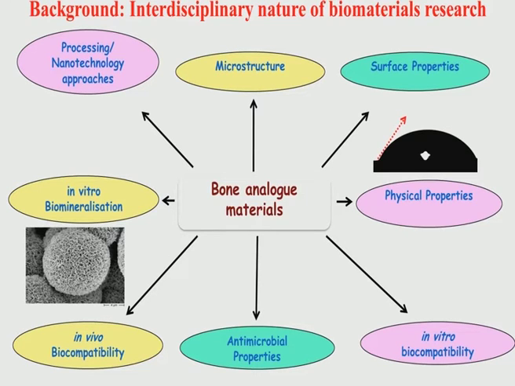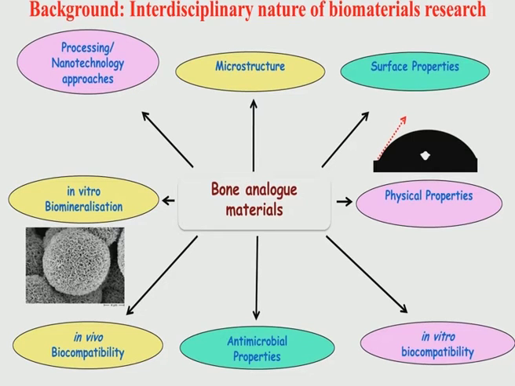And what is hydroxyapatite? Hydroxyapatite is a ceramic phase, an inorganic phase with a particular stoichiometric composition, Ca10(PO4)6(OH)2. In the natural bone, hydroxyapatite nanoplatelets are dispersed in the collagenous matrix.